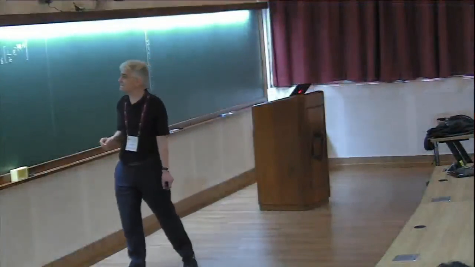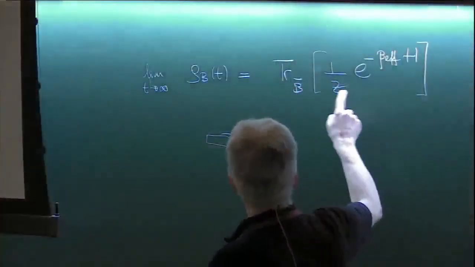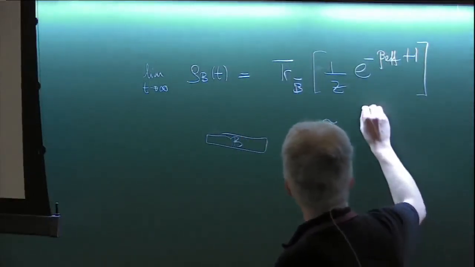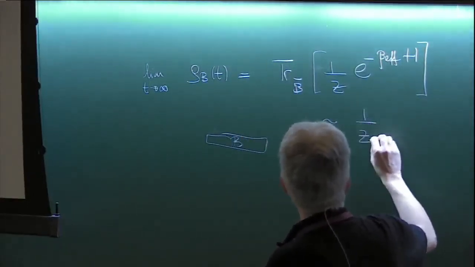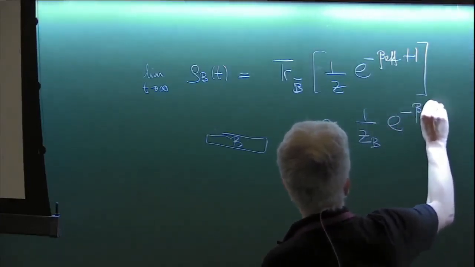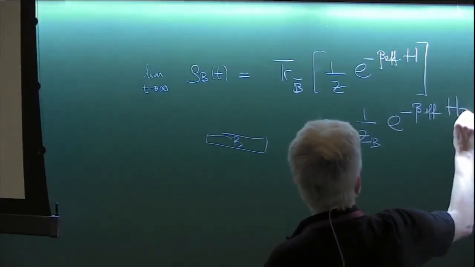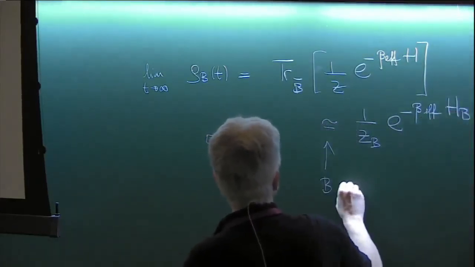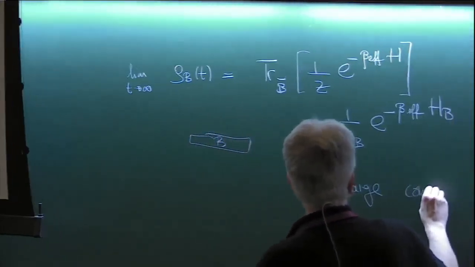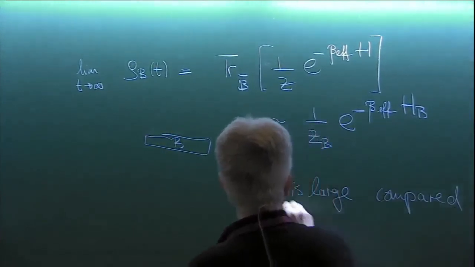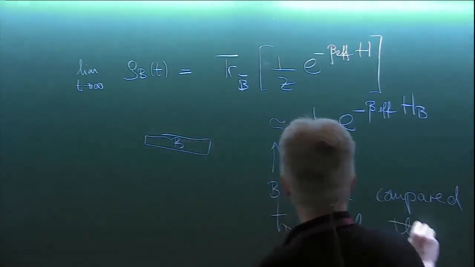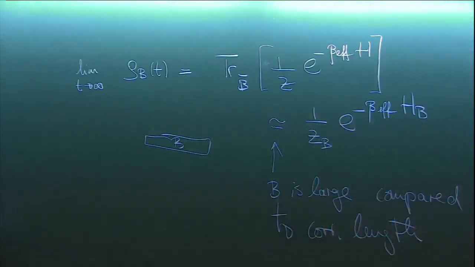That basically tells me that when I do this, the result will be very close to a Gibbs ensemble for the subsystem, if B is large compared to the correlation length in the steady state.